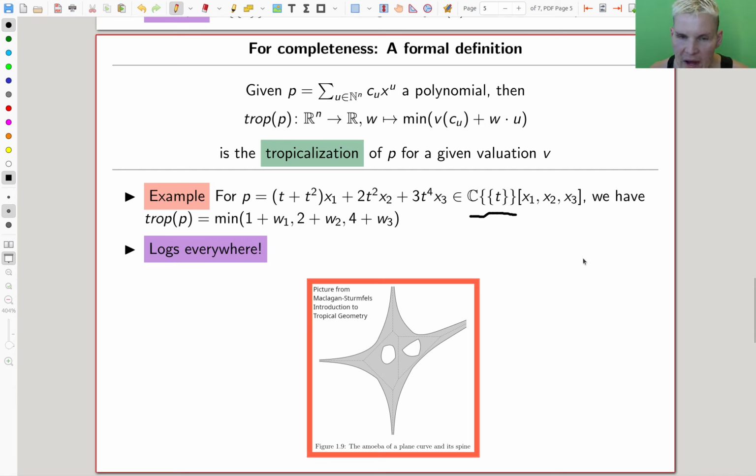So you would do a tropicalization here: x1 just becomes w1, x2 just becomes w2, x3 just becomes w3, I just rename my variables. In this case, they don't have any powers, so they just appear with coefficient 1. Let's have a look at this guy here: the only thing that remains is its power 4. This guy here, the only thing that remains is its power 2, because we're taking this log type. This thing here, the only thing that remains is its lowest power 1. And that is the tropicalization of your polynomial, right? So for a given valuation, it's really taking a log. That's what we usually do in tropical geometry.